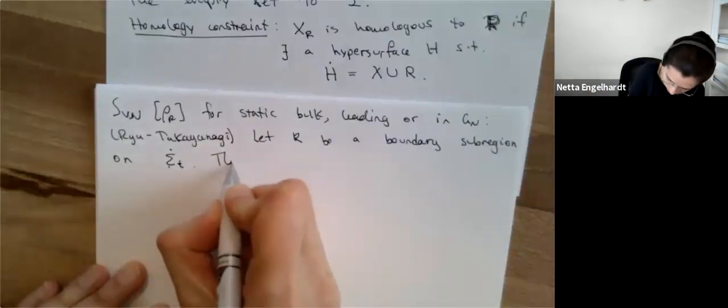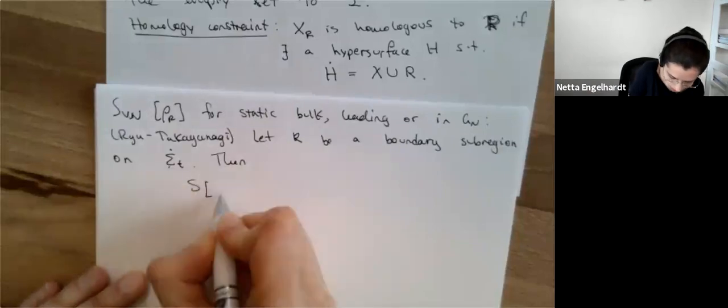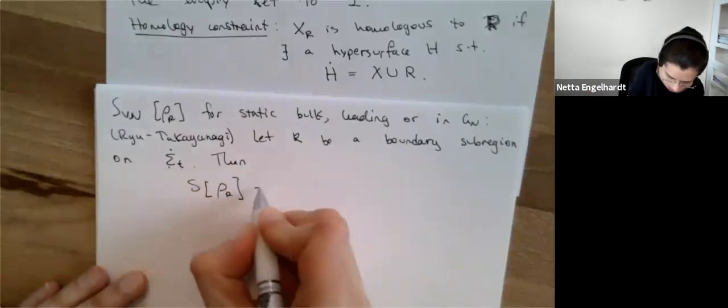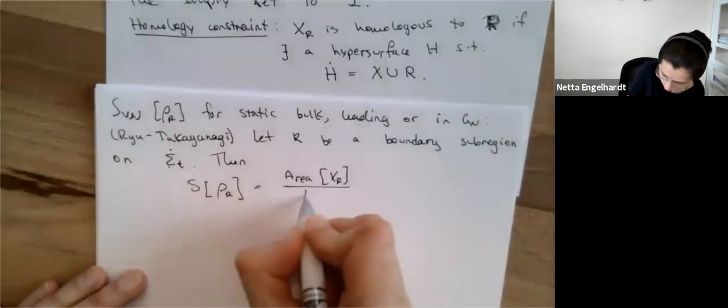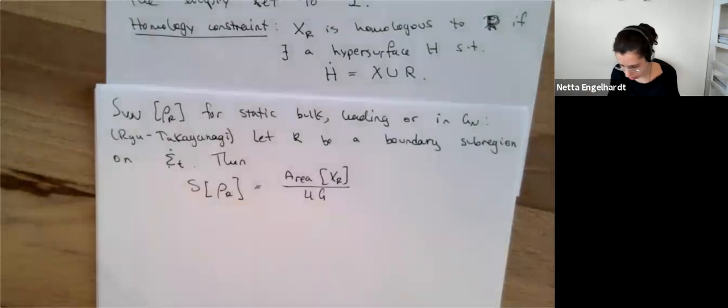Then S of rho_R is equal to the area of X_R over 4G, h bar if you want to include h bar.